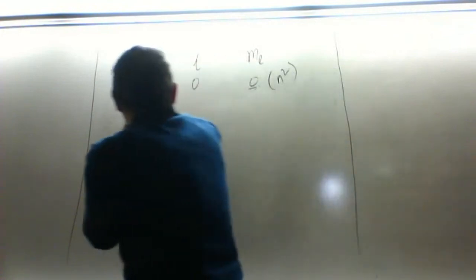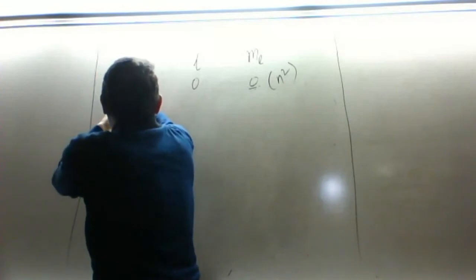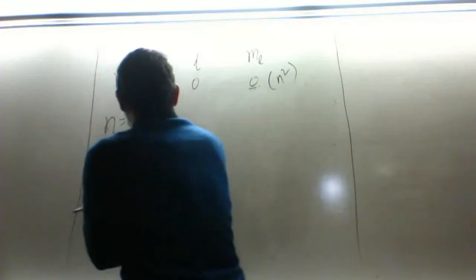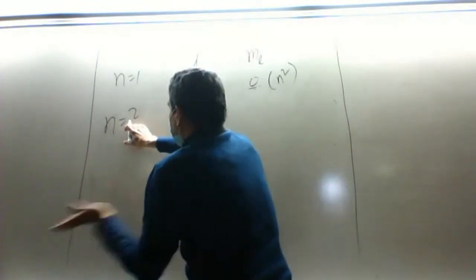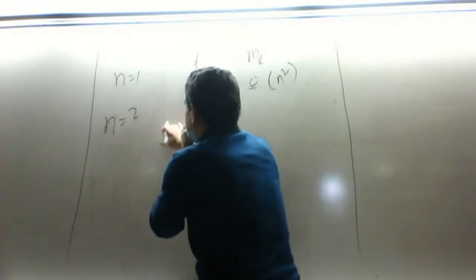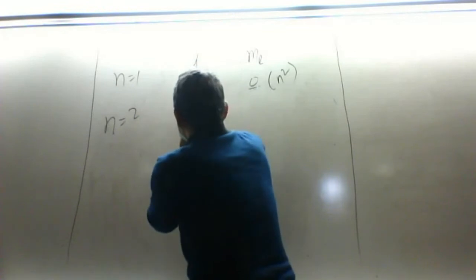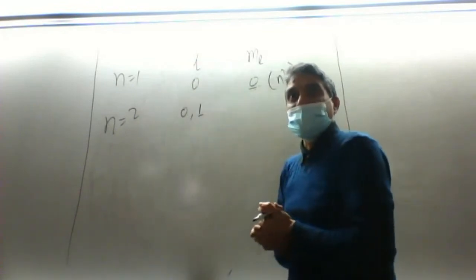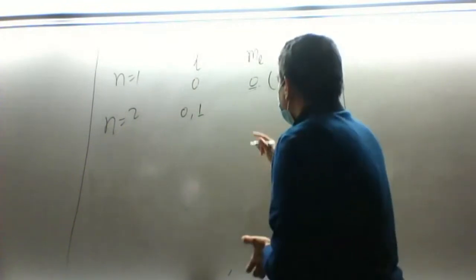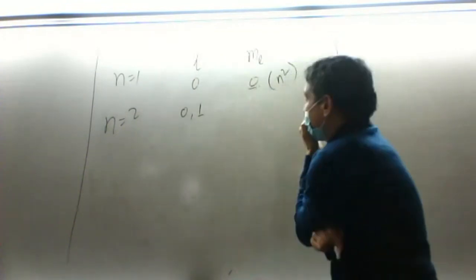Now let's talk about n equals 2. I talked about the first orbit before, now I talk about the second orbit. How many possible values can l have here? It can have 0 and 1, right? Now how many ml values are possible here?